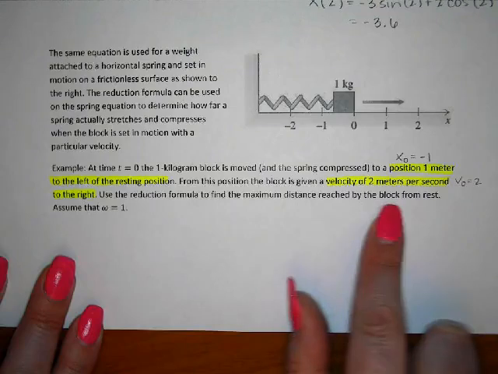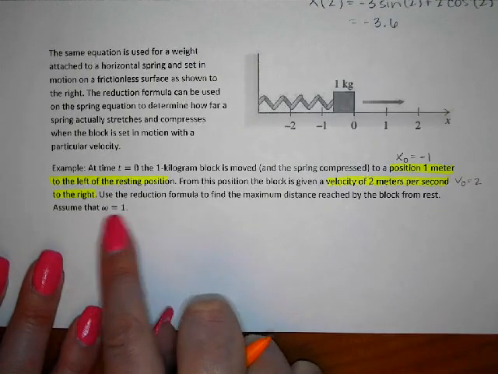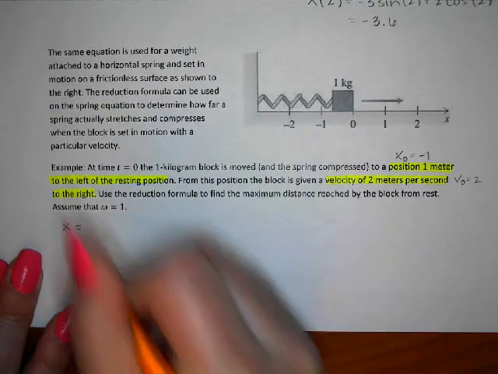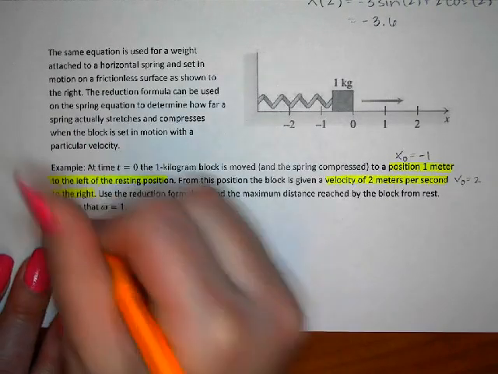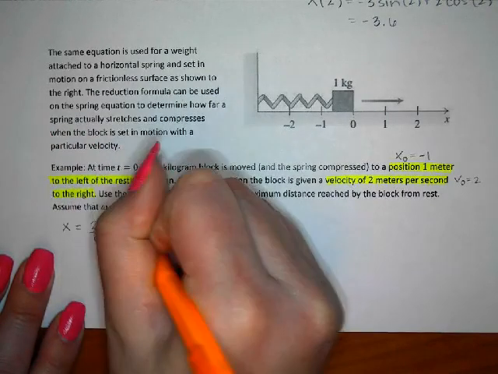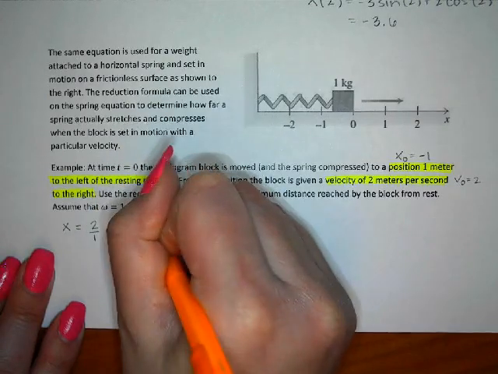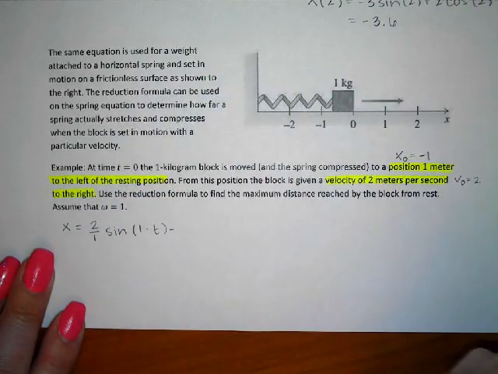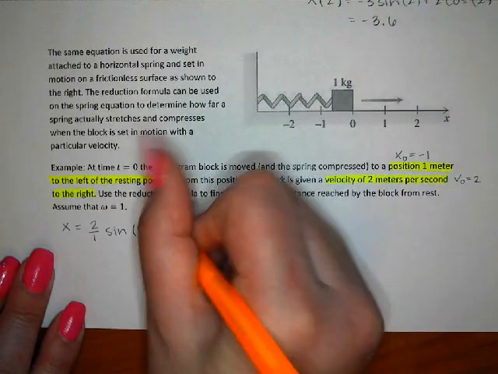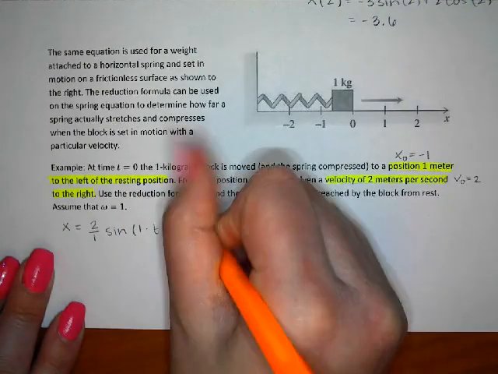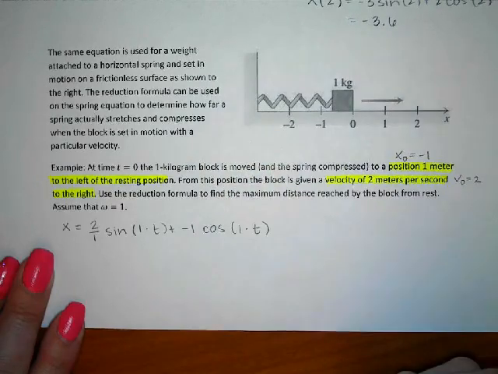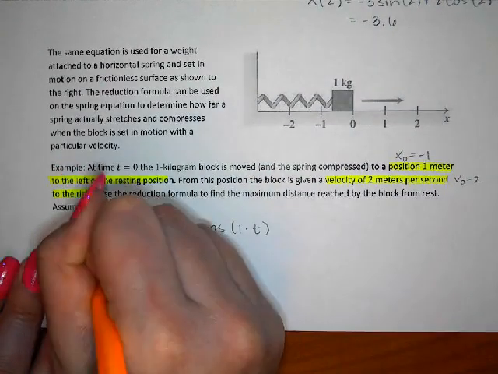I've got the starting velocity divided by omega times sine of omega times t plus the x sub 0 value, so it was plus -1 times cos of omega times t. And so that means my formula is 2 times sine of t minus 1, or just minus cos of t.